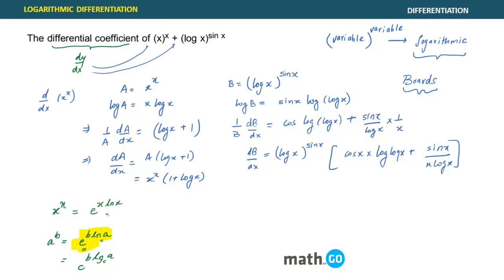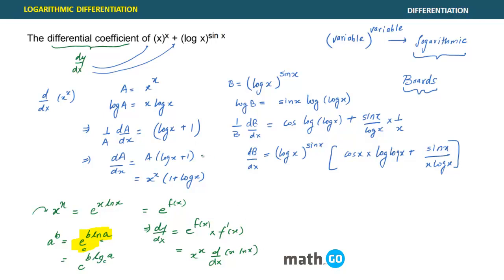Now you want to differentiate this, so you will differentiate it like this. I can see e raised to power f(x), so the derivative of e raised to power f(x), dy by dx of this particular function, would be e raised to power f(x) into f dash x. And simply now you can solve this. E raised to power f(x) will again become x raised to power x, and then f dash x will be the derivative of x ln x.